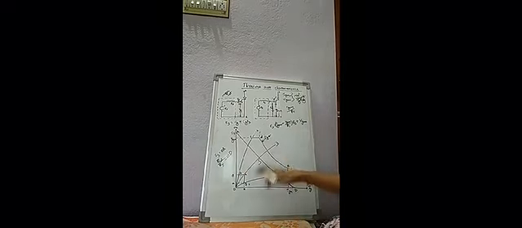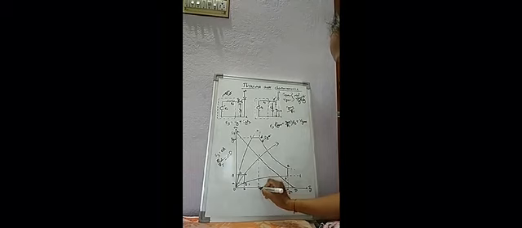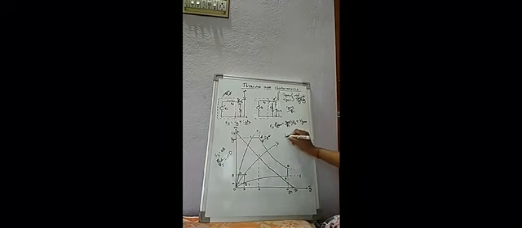This is the S point, and this is the P point. So for curve 3, gate voltage is equal to PS and gate current is equal to OP. This is the gate current.